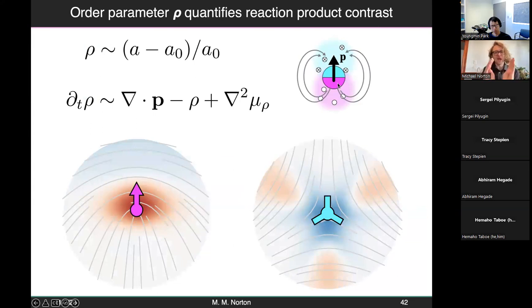So you imagine that if you have a bunch of these dipoles next to each other and they're all aligned, then the heads and tails cancel out everywhere in the bulk, but it's only at the edges of these polar regions where you have net production of one, magenta winning or cyan winning. Okay.